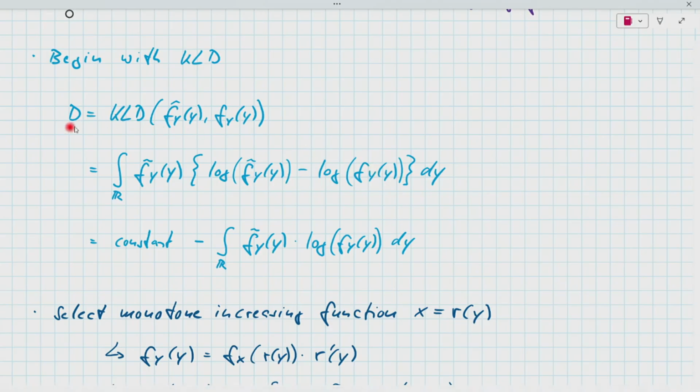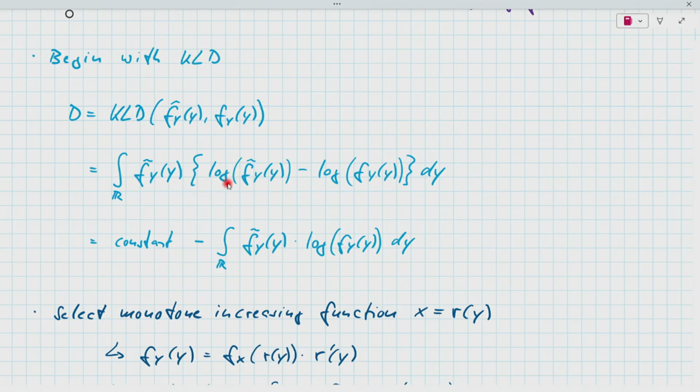So we calculate the distance. This is the Kullback-Leibler divergence of F tilde of y and F of y. I plug them in. I can use the property of the log: log of A divided by B is log A minus log B. So I can immediately use that, times the reference density, F tilde.